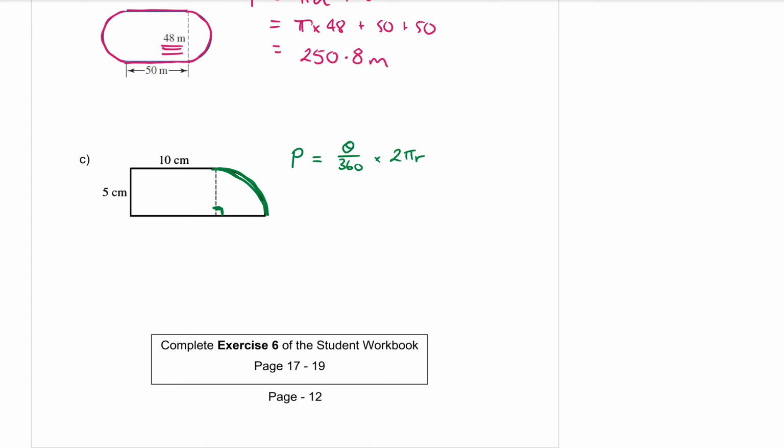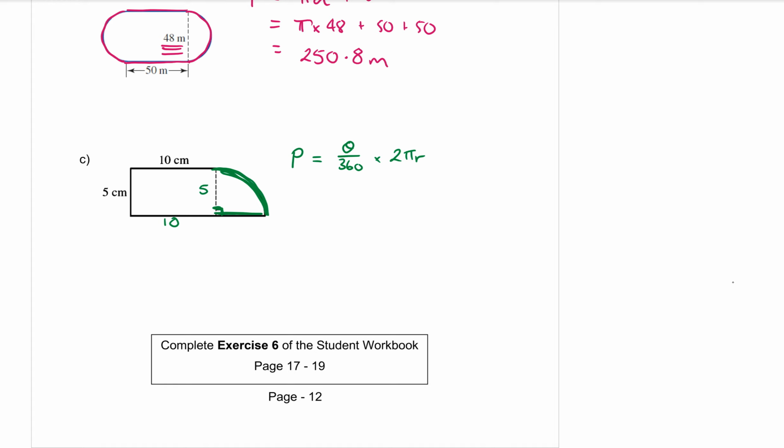Okay, that will tell me this curved green part. Then I need to add on all the straight sides. Now, some of them are missing. I have 10 on the top, which means I'll have 10 on the bottom here. But this part along the bottom, how long is that going to be? Well, we have a rectangle, so 5 here means 5 there.